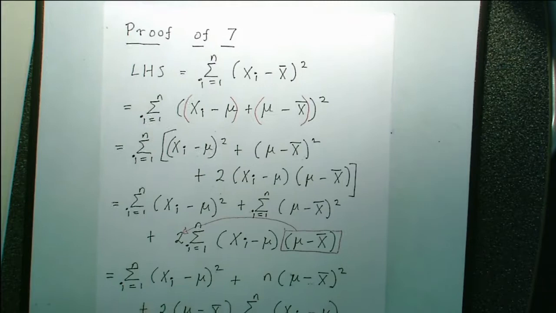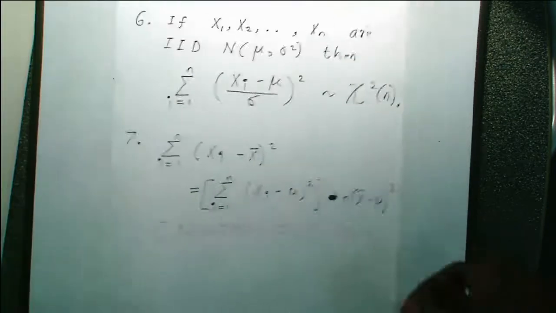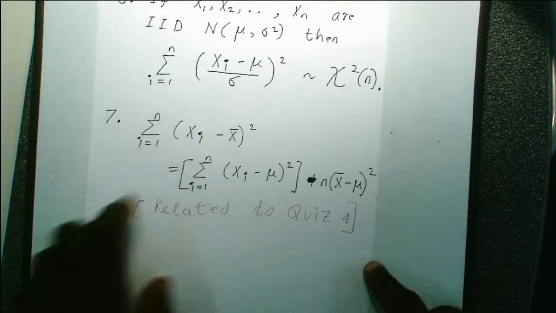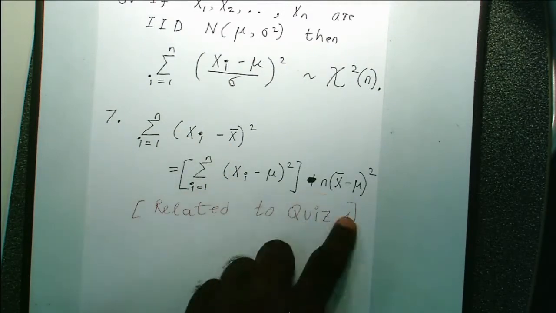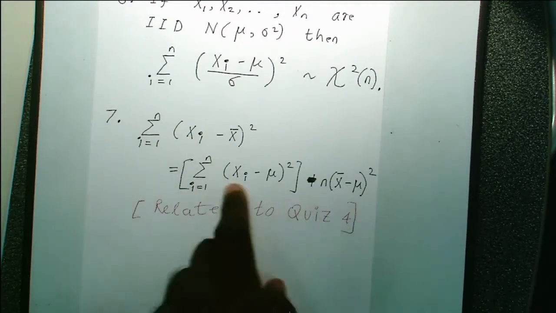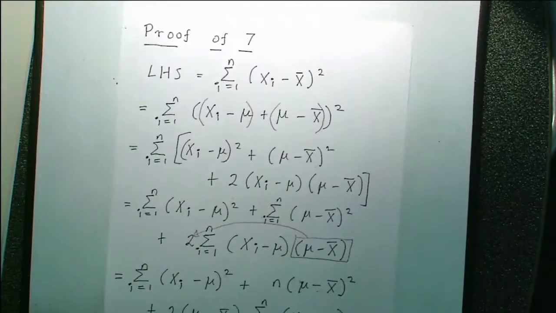Here I proved that the sum of the deviations can be decomposed as the difference of these two terms. If you follow what I've done here, you should be able to do quiz 4 easily. And this is the end of the proof.